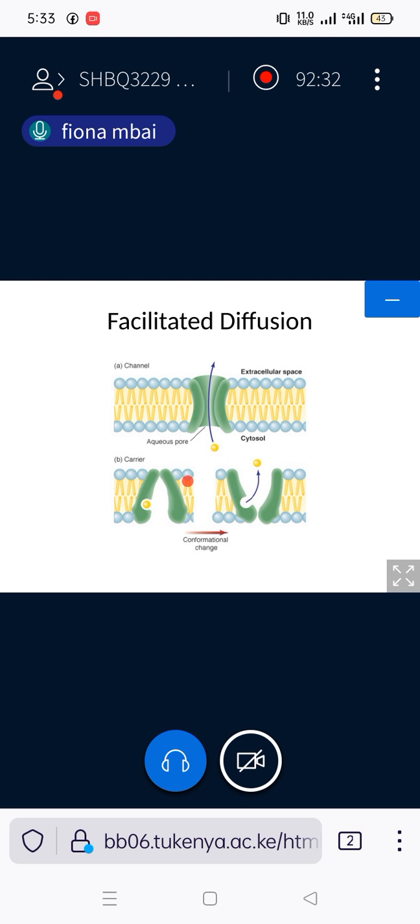You can see it's closed on the outside, and then a conformational change will result, and this will release the molecule out. So this is how facilitated diffusion works. Each of these molecules is released, and the carrier returns to its original conformation until another molecule comes and binds.